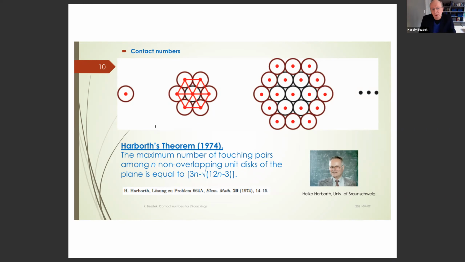So it was quite nice to learn that Harborth in '74 actually came up with an exact formula that tells the maximum number of edges of a contact graph of a packing of n unit disks in the plane. This formula is the lower integer part of 3n minus the square root of 12n minus 3, so 12n minus 3 sits under the square root sign here.